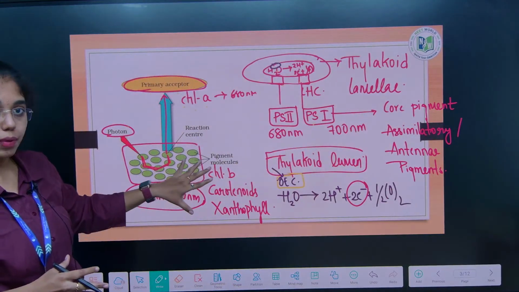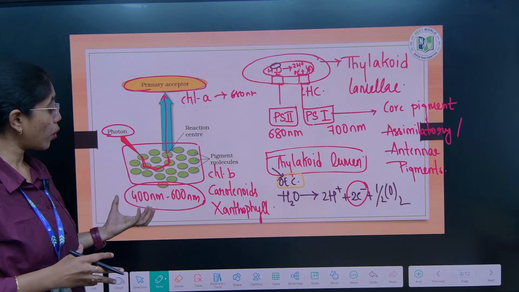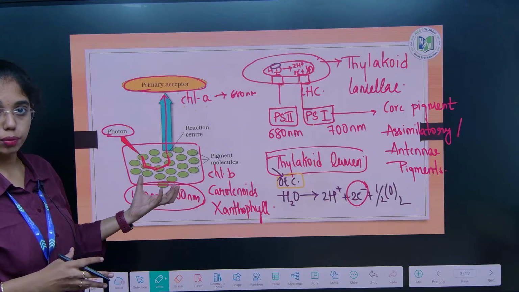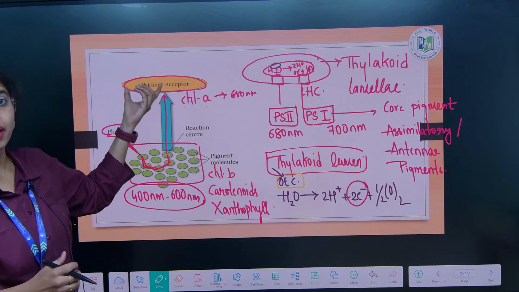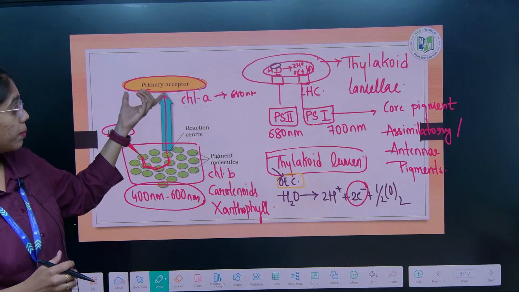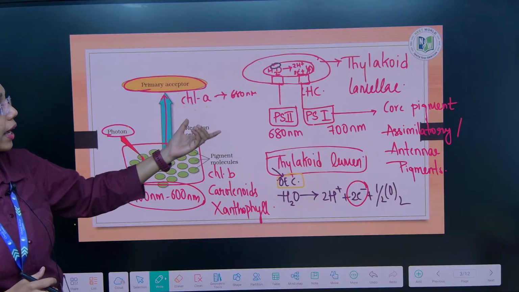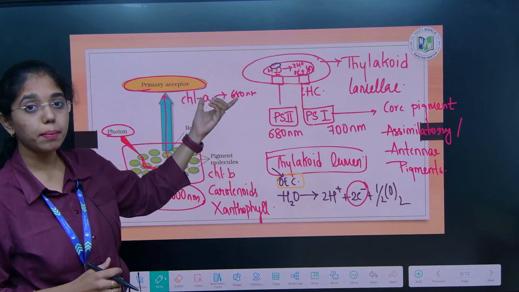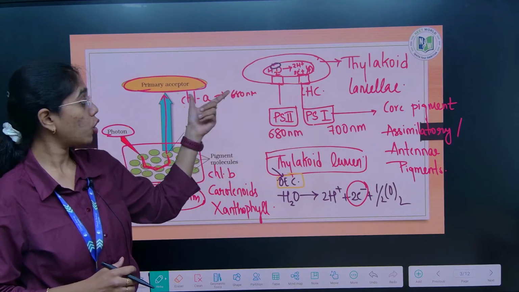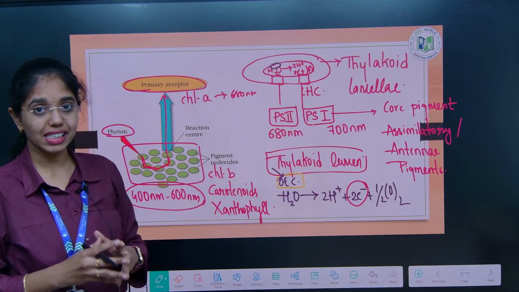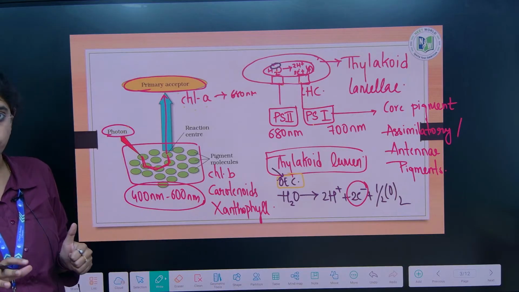Accessory or antenna pigments absorb light at diverse wavelengths from 400 nanometers to 600 nanometers, and then energy gets excited, which is accepted by the primary acceptor. Remember, the primary acceptor is chlorophyll A. In photosystem 2, its maximum absorption is 680 nanometers; in photosystem 1, it is 700. Likewise, the first step of light reaction is clear to us.